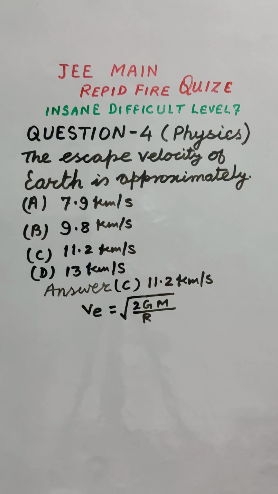After substituting different values in the equation and finding V, we get V is approximately 11200 meter per second. I will upload a separate video for the calculation of this escape velocity of the earth. Escape velocity is very important.